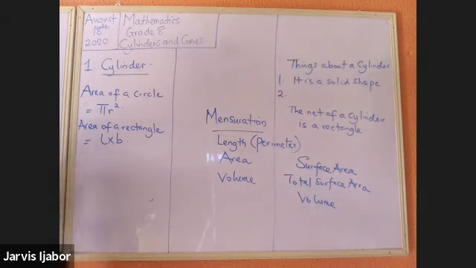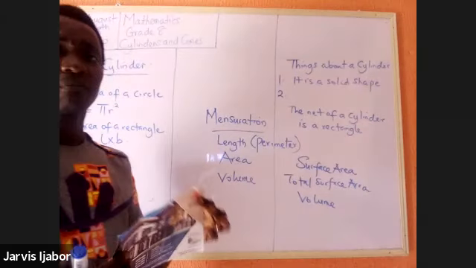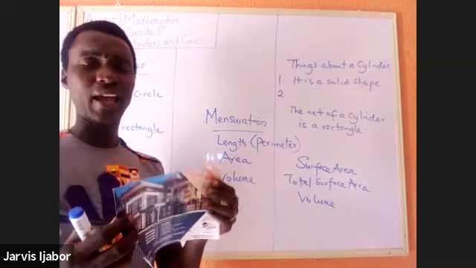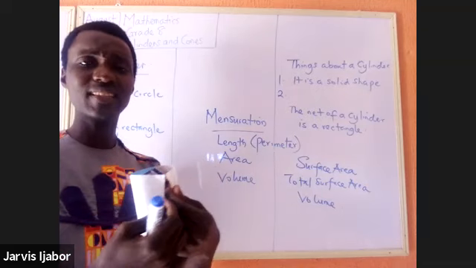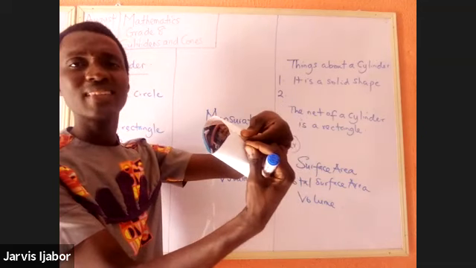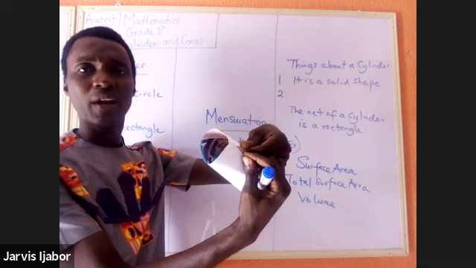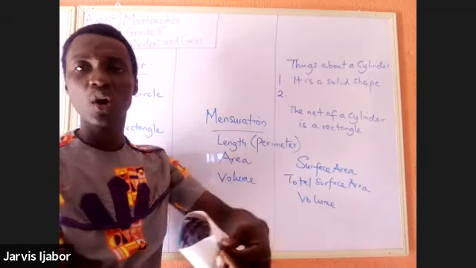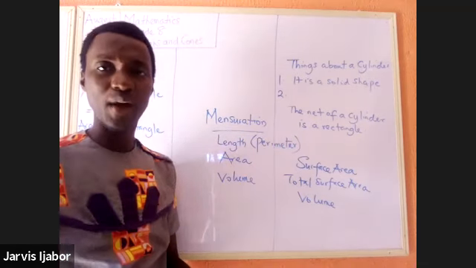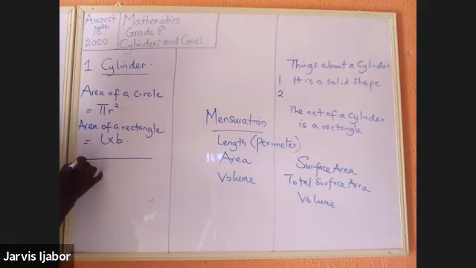Now, watch carefully. You discover that either the breadth side or the length side is what is used to form a circle. So what is the length or the perimeter of a circle? It is 2 pi r. Let me draw this on the board.